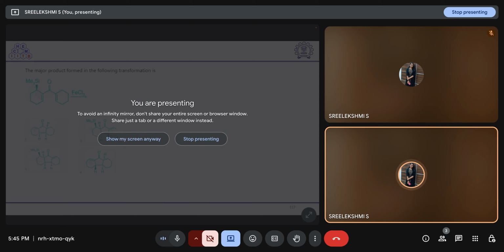Now the next question, the major product formed in the following transformation. So this compound upon treatment with ferric chloride, which will be the major product.